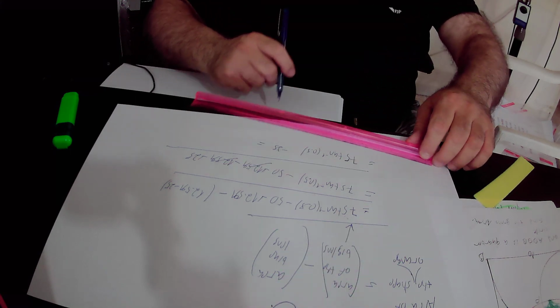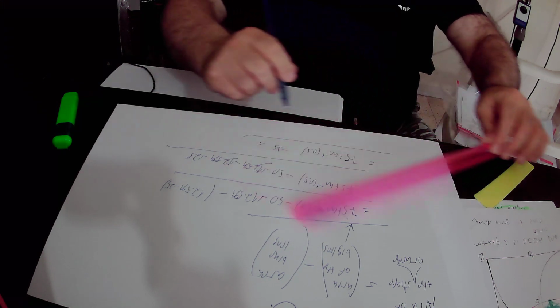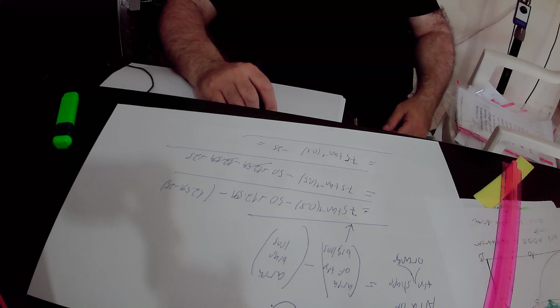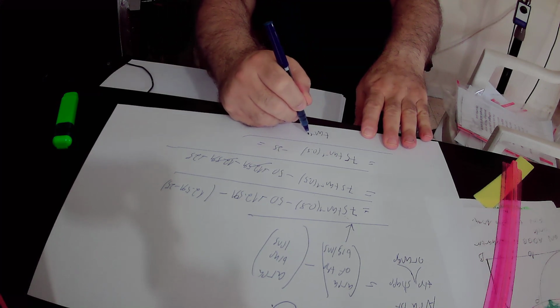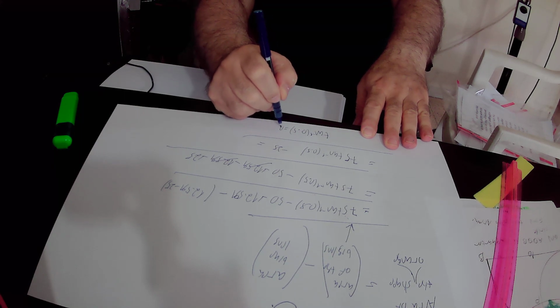So here we actually know that tangent inverse of 0.5 equals 0.46.